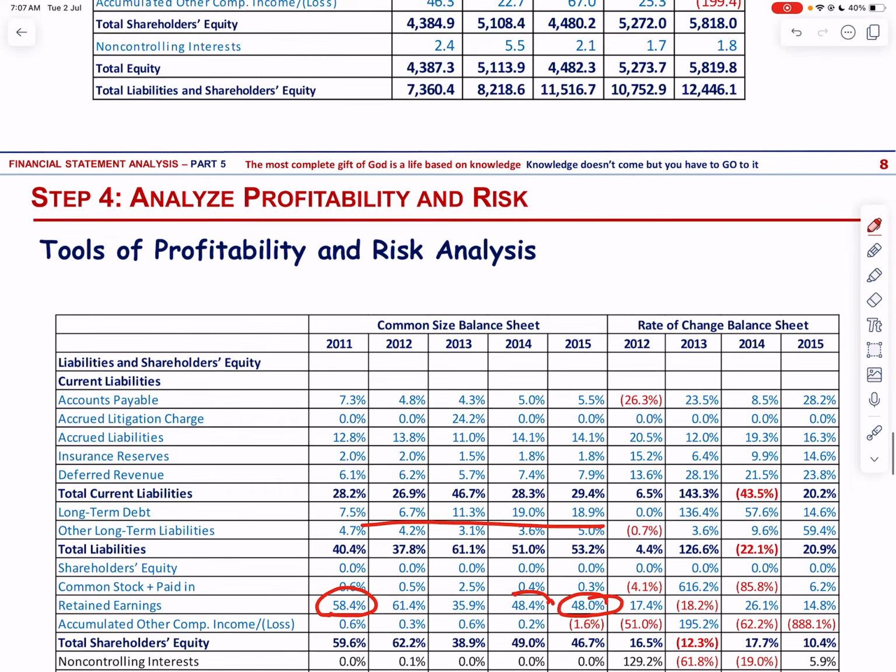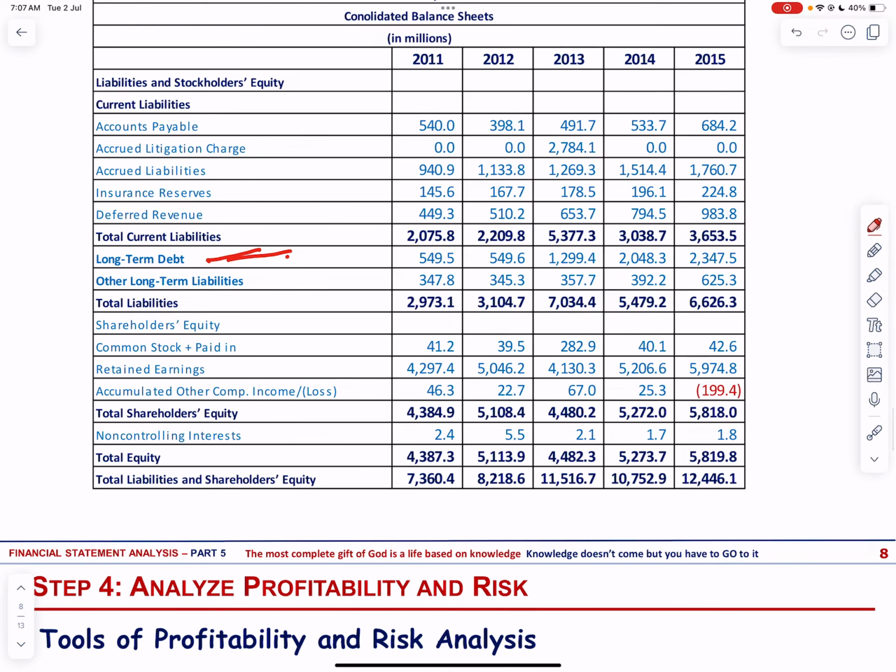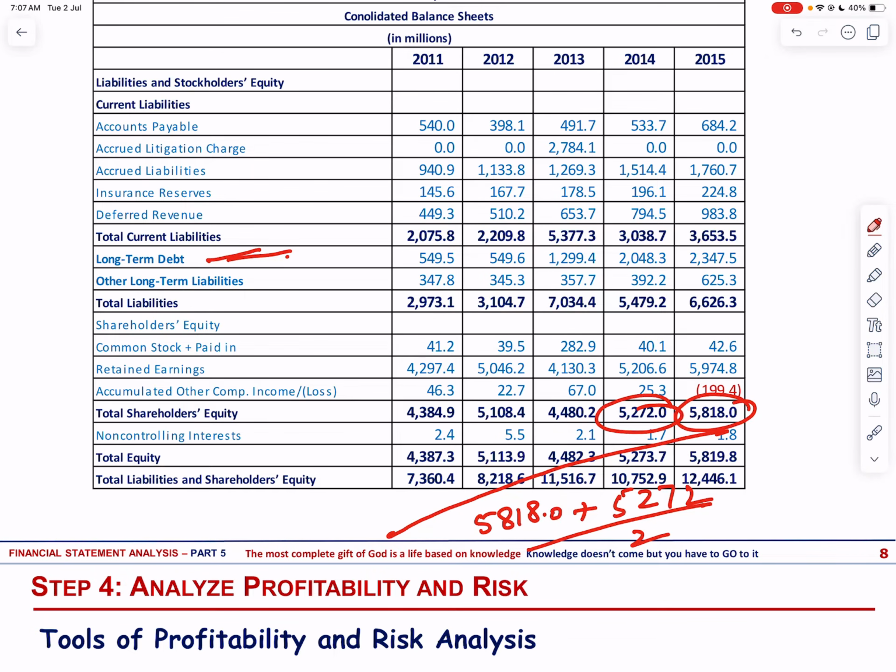So if you look at the shareholders' equity, that is 5818 plus 5272, the average will be divided by 2, and net income, that was 2757.4 million, will be divided by this.